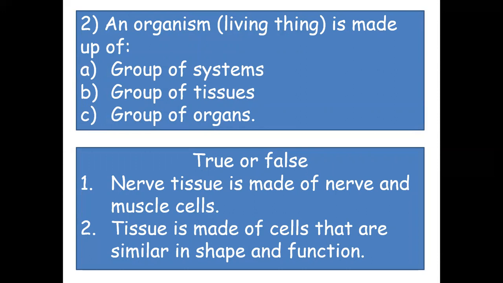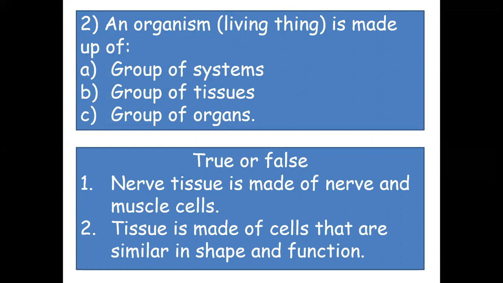Now we have to say true or false. If the sentence is correct, we say true. If it is wrong, we say false. Nerve tissue is made of nerve and muscle cells. If you still remember, we said that a tissue is made up of similar cells performing similar function.